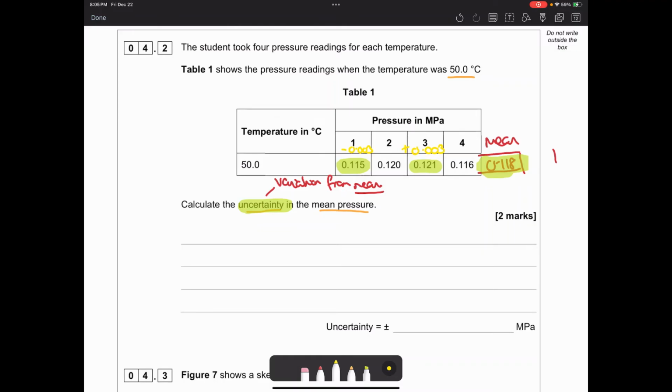So my range across my mean is 0.006, but I would just say my uncertainty is 0.118 plus or minus 0.003. So this part here, that is the most important part.